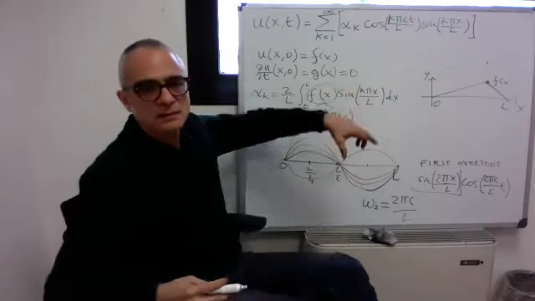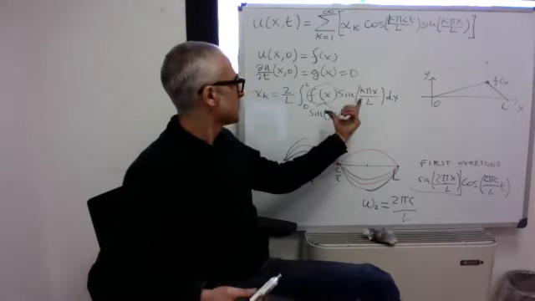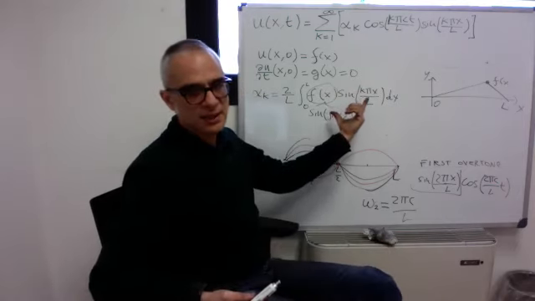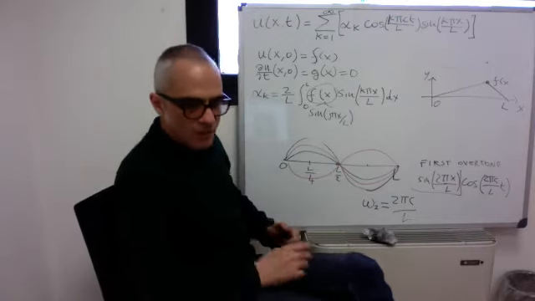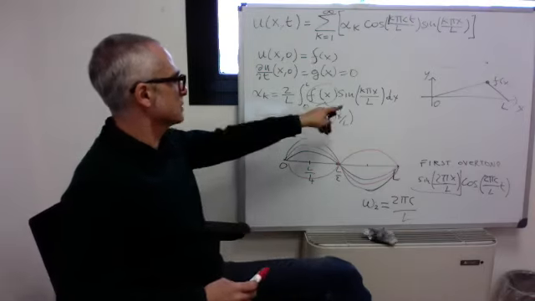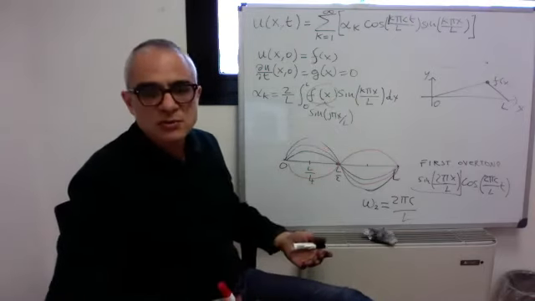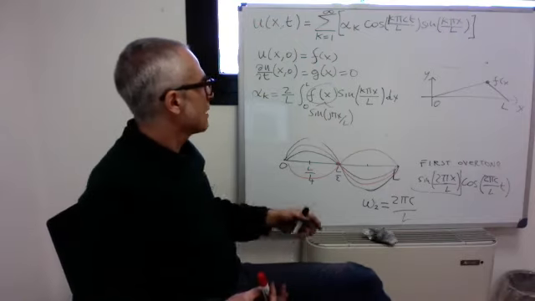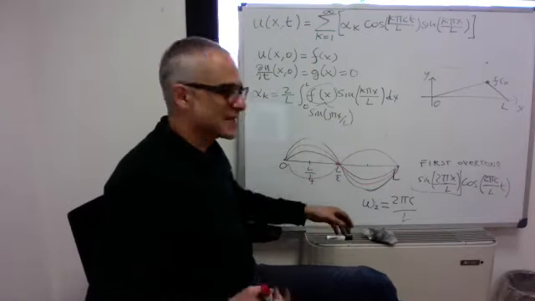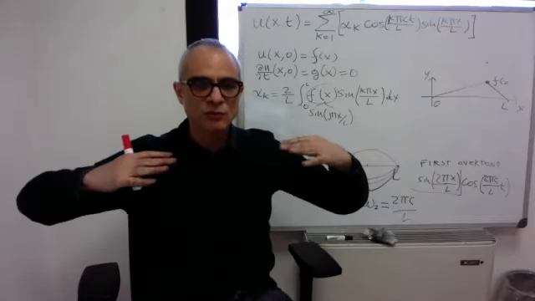Well, this is either 1 or 0. Remember the properties of this integral that I mentioned a minute ago. If these two modes are different, it's going to be 0.